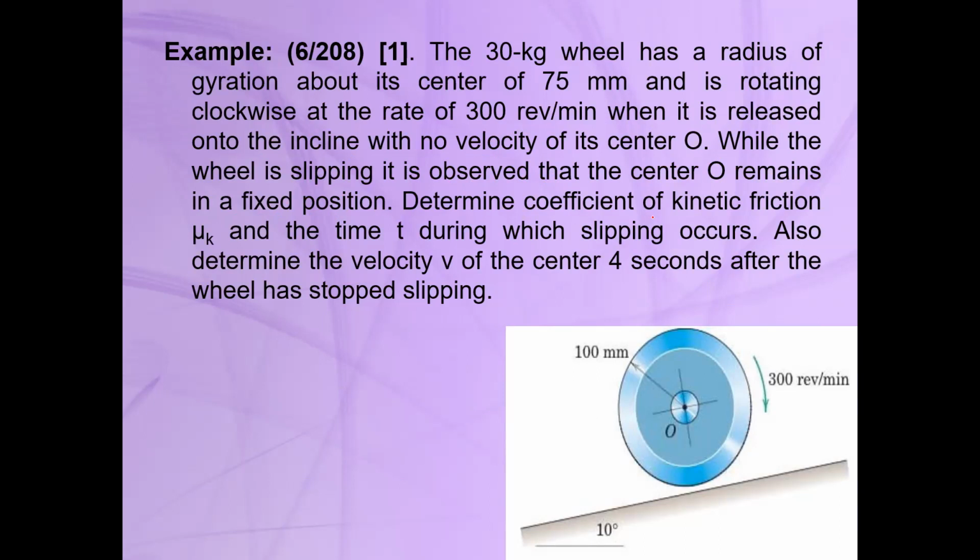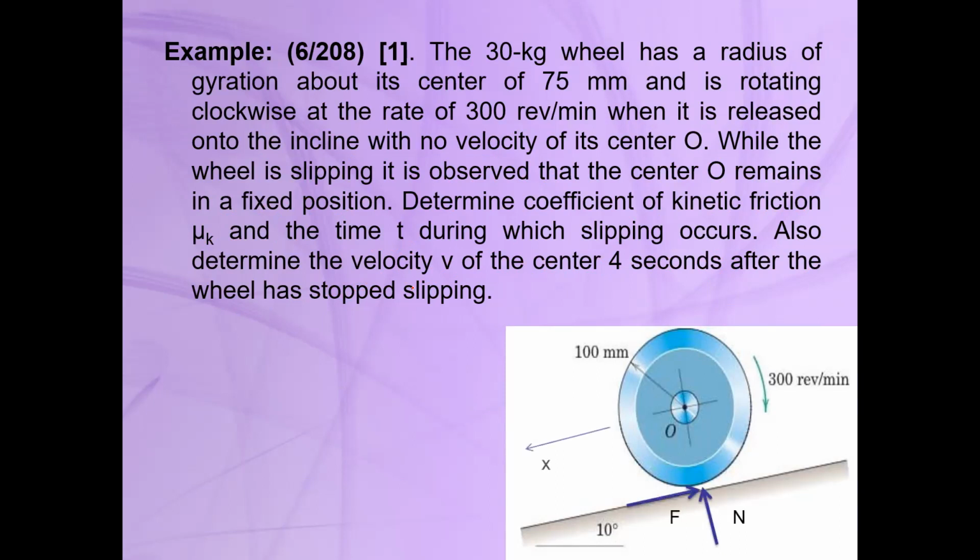Determine the coefficient of kinetic friction, mu k, and the time t during which slipping occurs. Also determine the velocity v of the center 4 seconds after the wheel has stopped slipping.